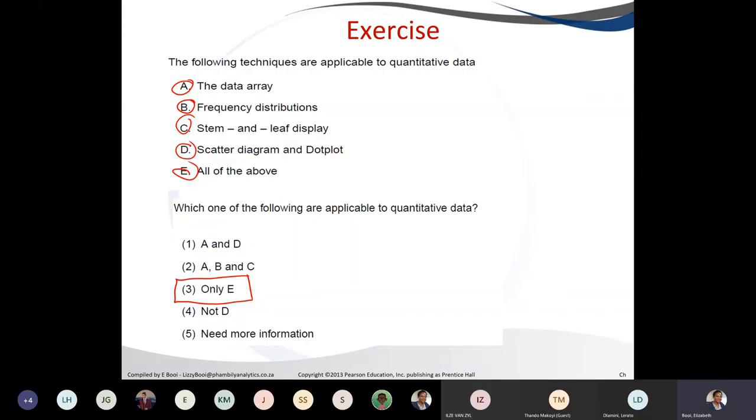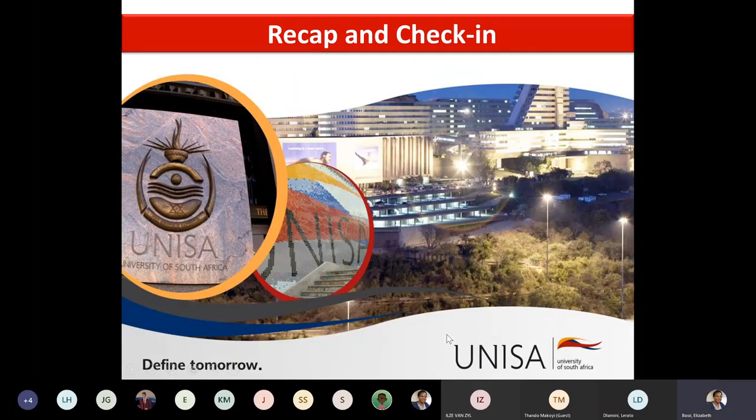So the answer will be only E. And that's how you will answer the questions in the exam or in your assignment as well. And that concludes what we were supposed to do. Usually this is only 1.5 hours, but because we started late, we ran into trouble there as well.